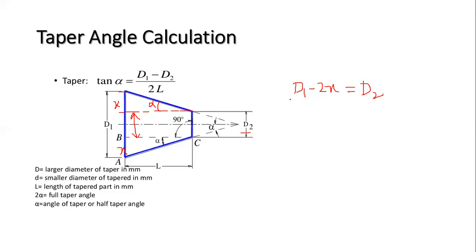That means D1 minus 2X is equal to D2. From this equation we get the value of X as D1 minus D2 by 2, and X is equal to AB according to this picture.